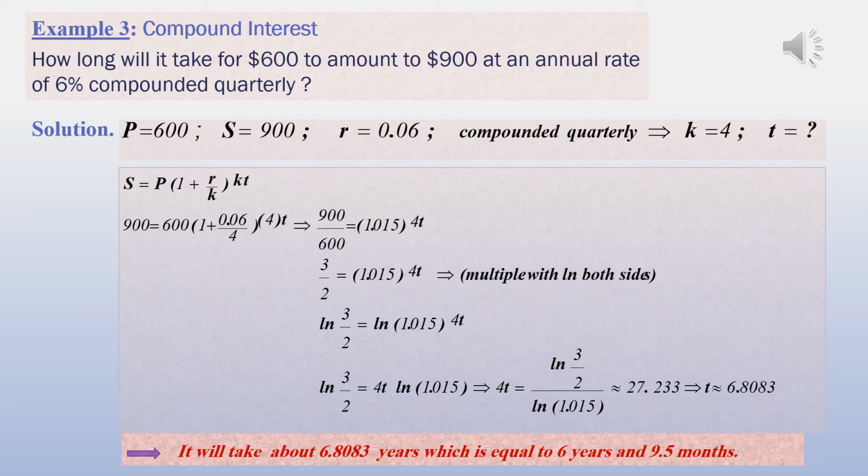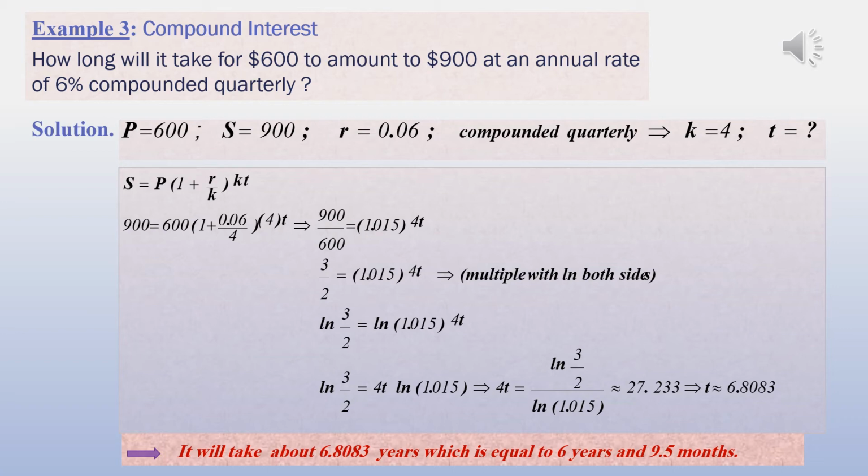Since we have 4 of the 5 variables, we substitute all of them into the formula. The formula that we are going to use is the same as the one we have used before: S equal to P multiplied by 1 plus R over K to the degree of KT.